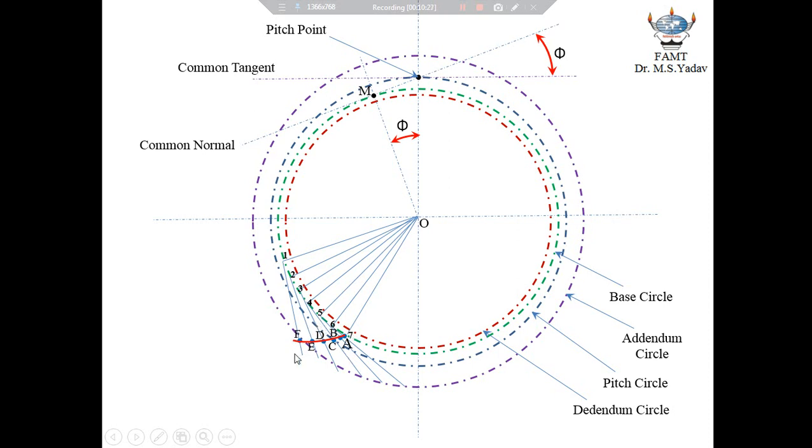This one is the involute profile. Please refer this figure for detailing.